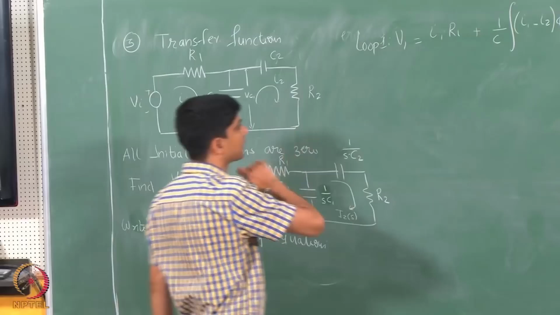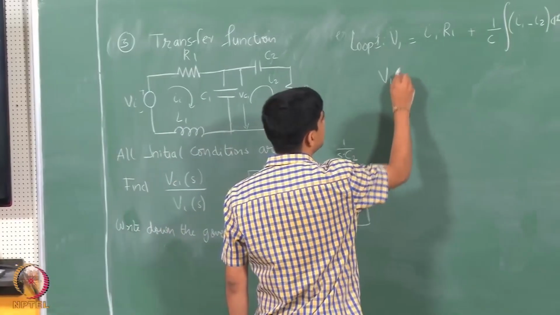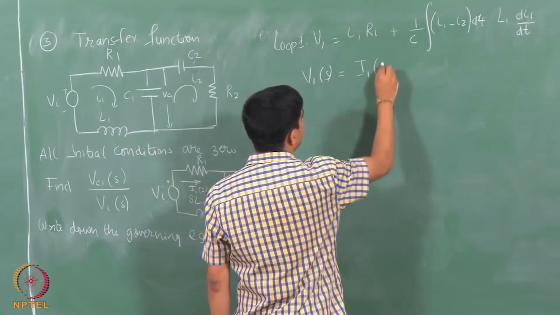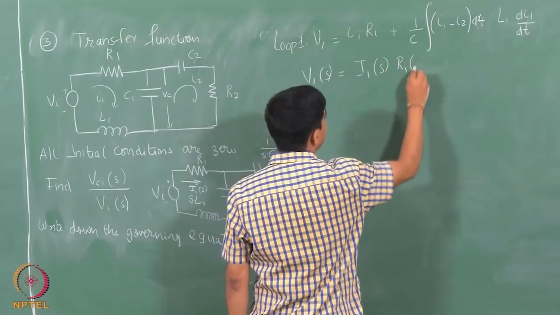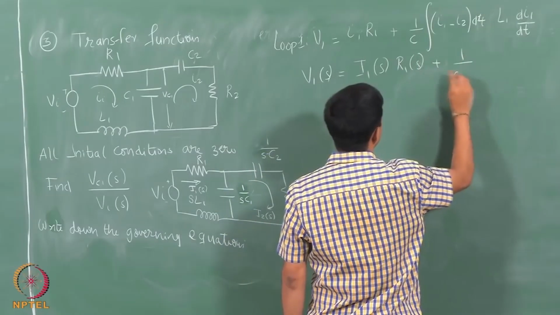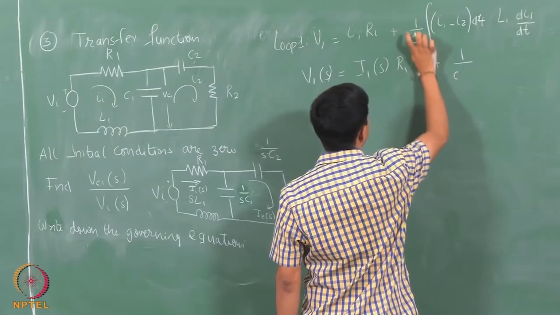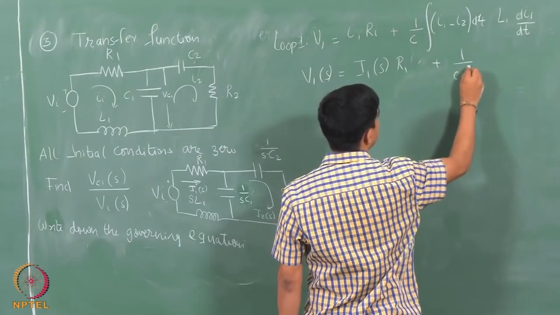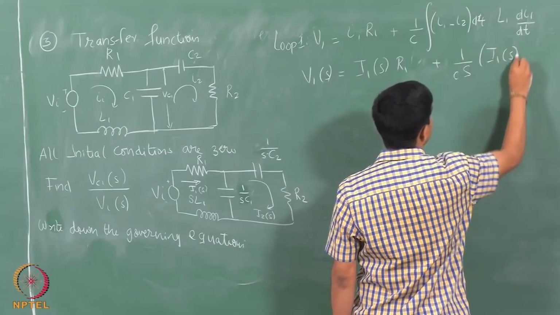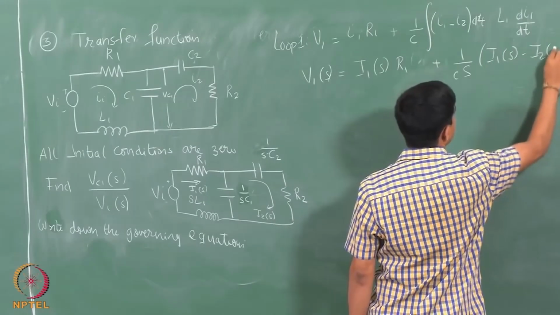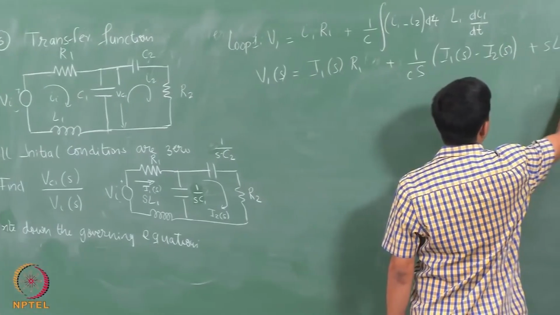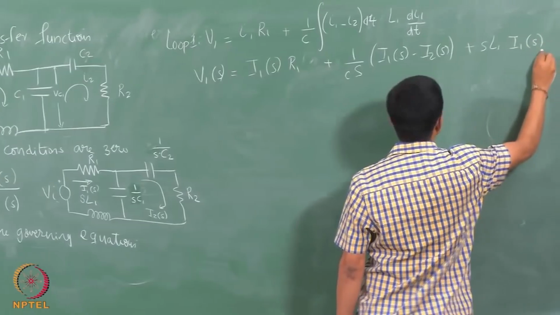So, let us go back here, and if I were to write these equations in the Laplace domain, that will be I1 of S R1, plus, it will just be R1, right, there will be no S here, so it will be the same. This would be 1 over S C1 times I1 of S minus I2 of S plus S L1 I1 of S, right.